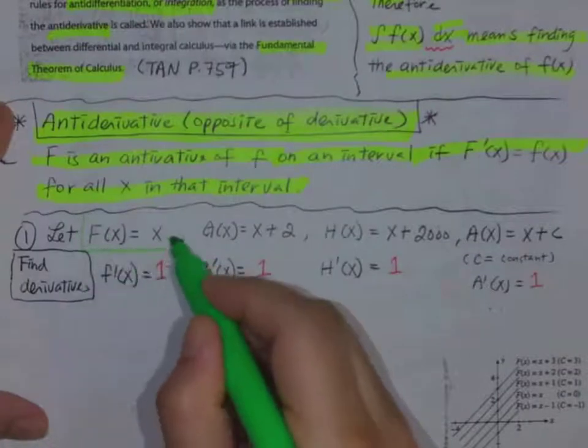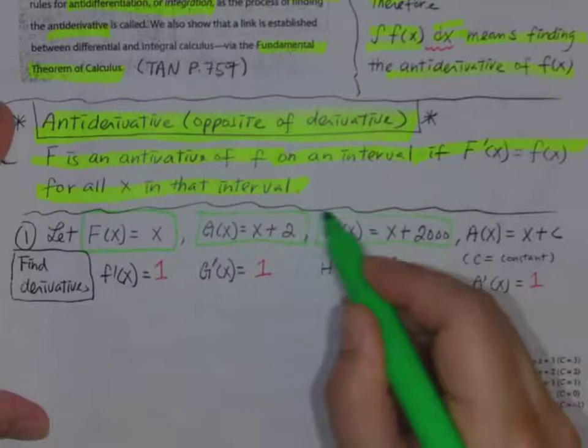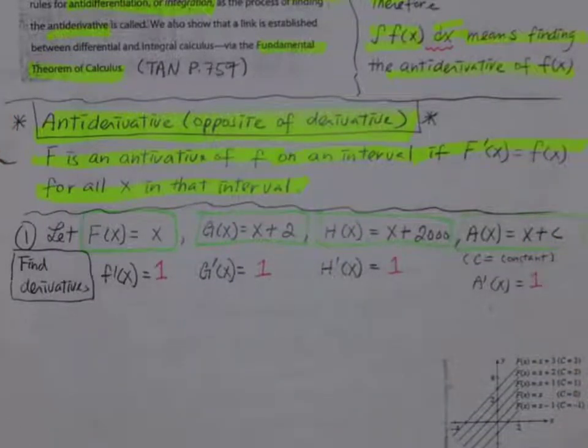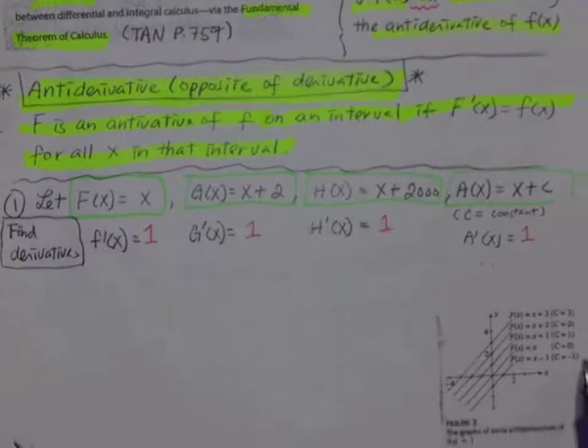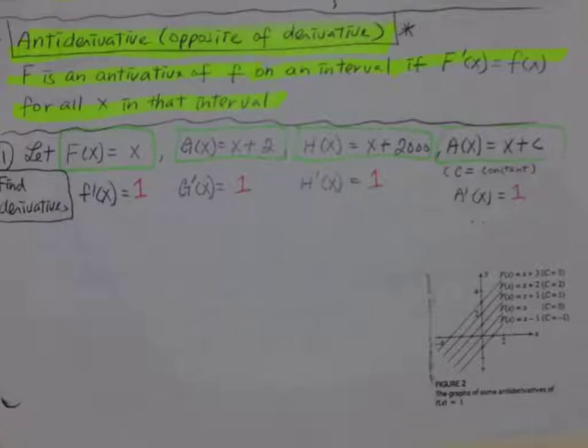Because of that, we are going to call all these functions a family of antiderivatives of f of x. If you look at the graph here, these are some of the functions. We can group them as a family of antiderivatives of the function.